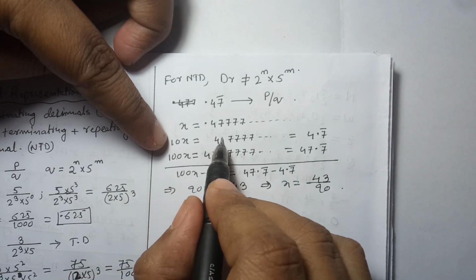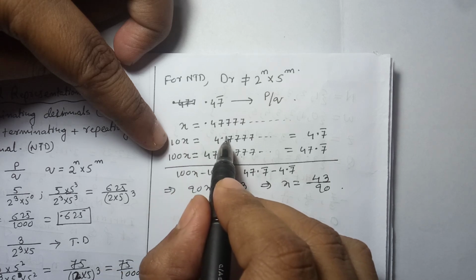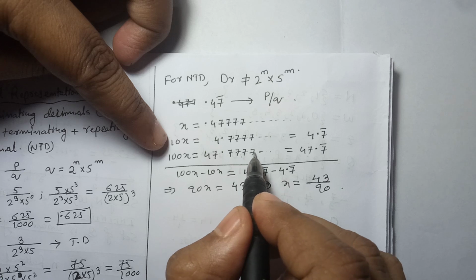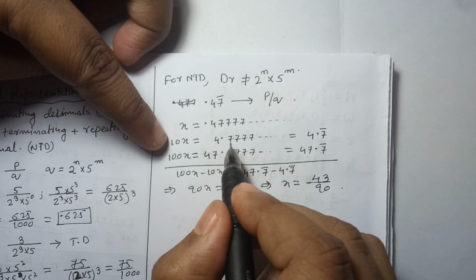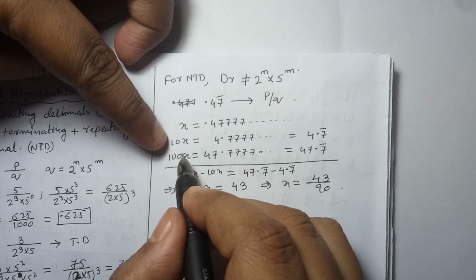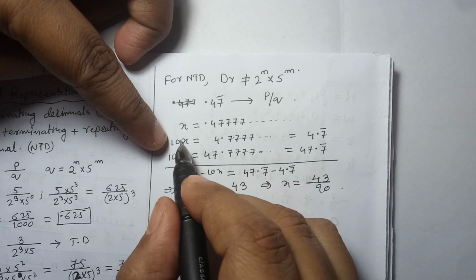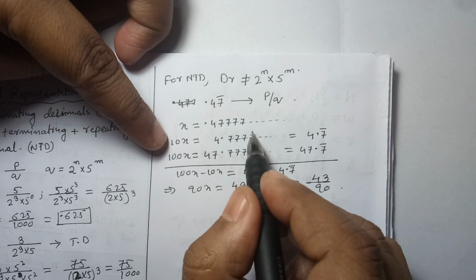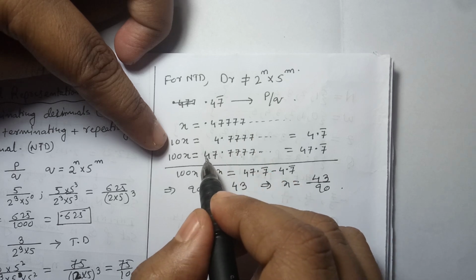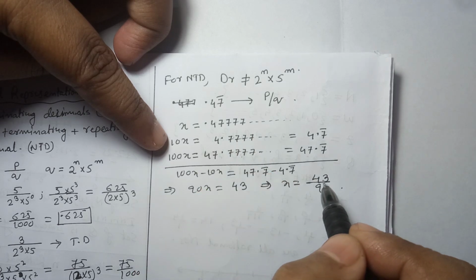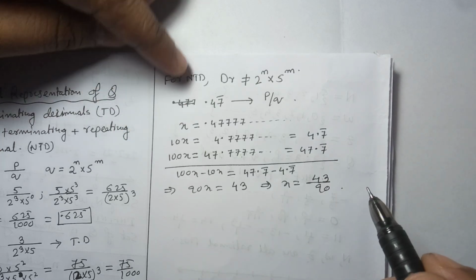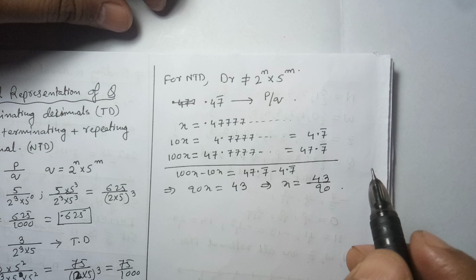Again, I multiply this by 100x and I make it 47.77777 and so on. Now see, if I compare these two numbers, 100x minus 10x, this minus this, the decimal part completely gets cancelled and becomes 0, and I have 47 minus 4 is 43. So 90x equal to 43, x equal to 43 by 90.